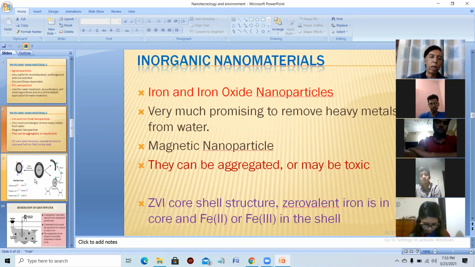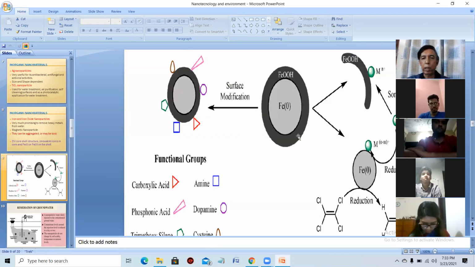Say for example, you see here, this is a core shell iron nanomaterial. This is Fe0, this is the core, and this is the shell. Here the oxidation state of iron is 2 or 3, Fe2 plus or 3 plus. Now, in this shell, the iron is oxidized like that, FeOOH.